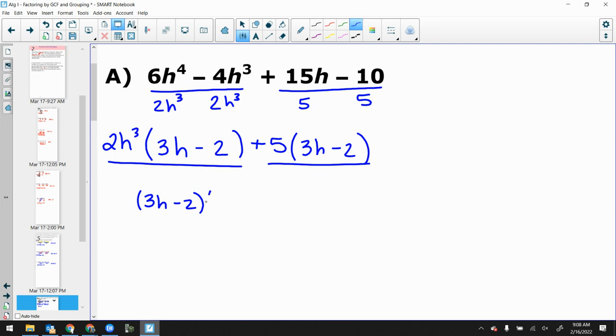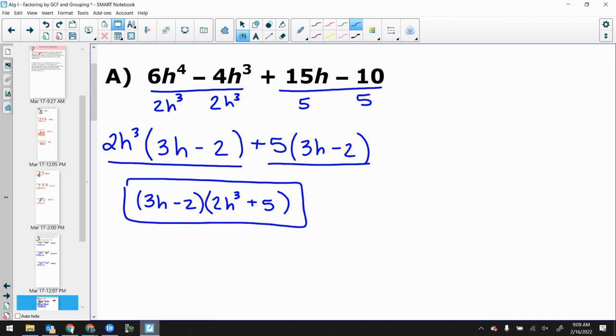And then I write my parentheses, and then what's left over when I factor out my 3h minus 2? 2h to the third, and then a plus 5. And that's my answer. That's the factoring by grouping method.